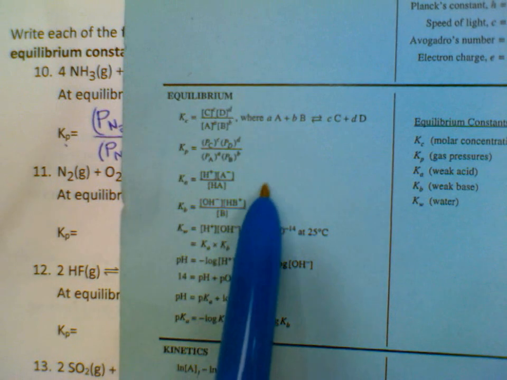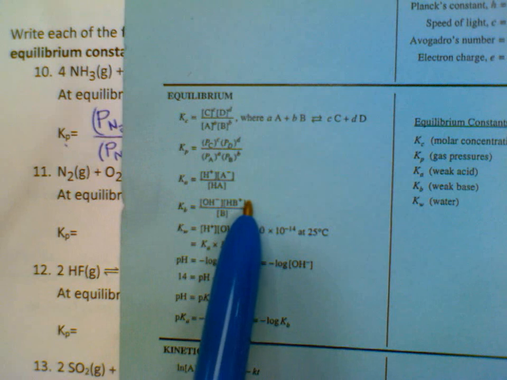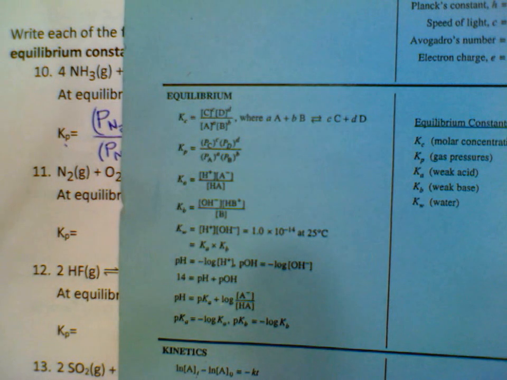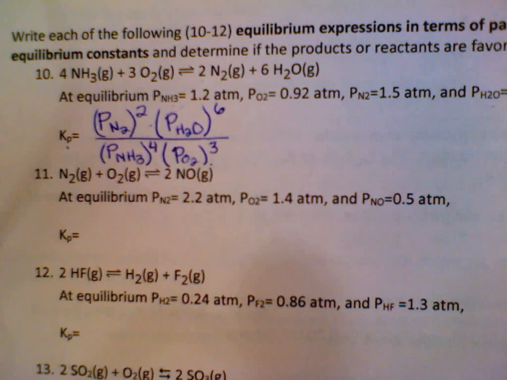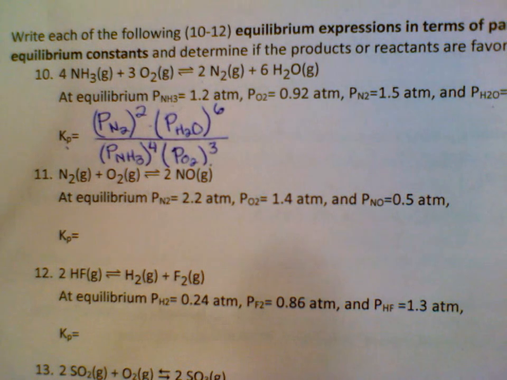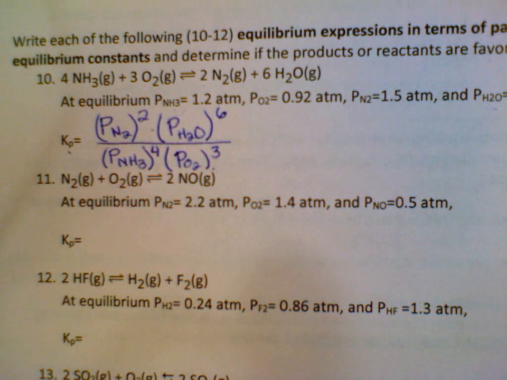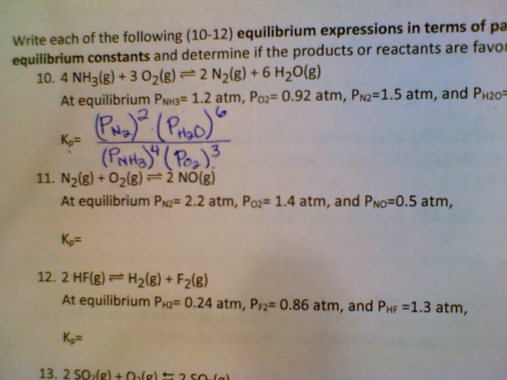So we've got the different forms of the equilibrium expression here as well, the generic ones. We'll learn the rest of these equations pretty soon. They're not too bad. Okay? So that's in terms of pressure. Again, you plug your values in, and then it being less than or greater than 1 will tell you if it's product or reactant favored. Okay? All right, I think we're good.